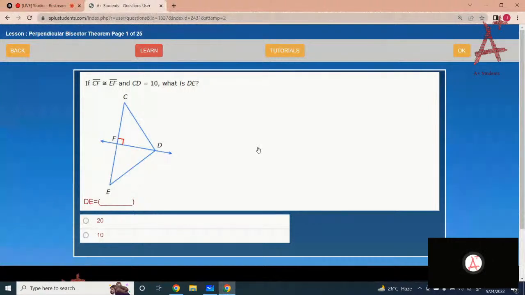It is 10. How? Because DF is a perpendicular bisector on CE, isn't it? Yes, it is. So because of the perpendicular bisector, the line segments CD and DE have equal side lengths. They are congruent then. So CD we are given is 10. That means then DE is also 10. Got it? Okay, good.